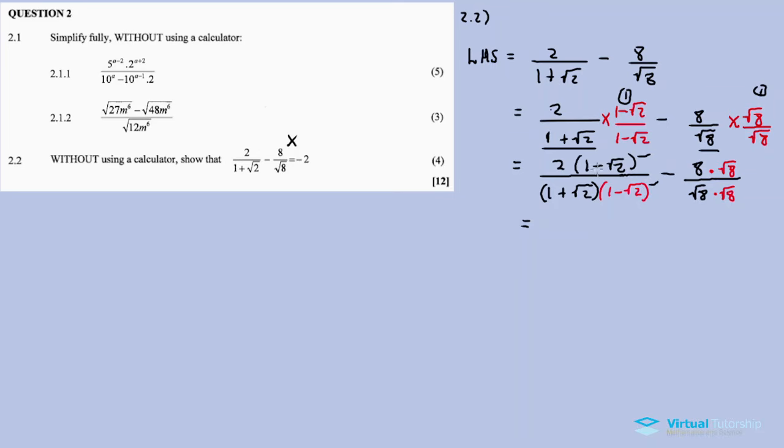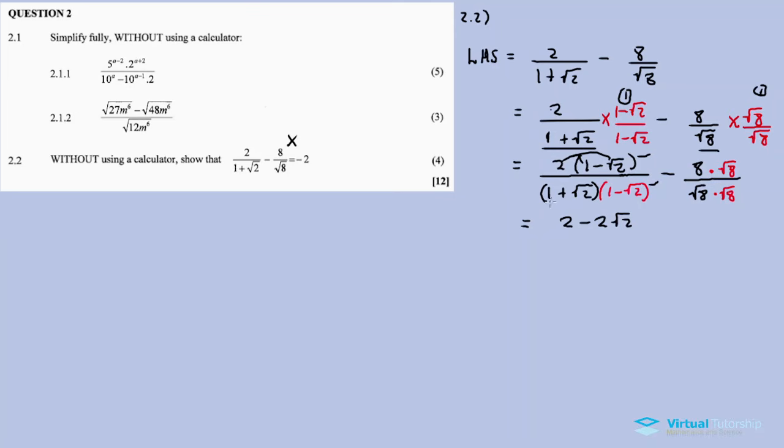So 2 times this bracket gives out 2 minus 2 square root 2. So distribute the 2 inside the bracket, and then here I have brackets as a result of the difference of two squares. Look, I have 1 plus square root 2, 1 minus square root of 2. Or we multiply out as 1 times this, 1 times that, square root of 2 times 1, and so on.